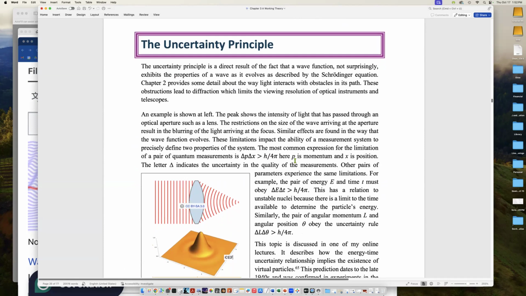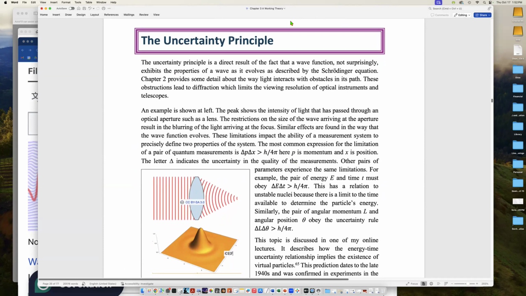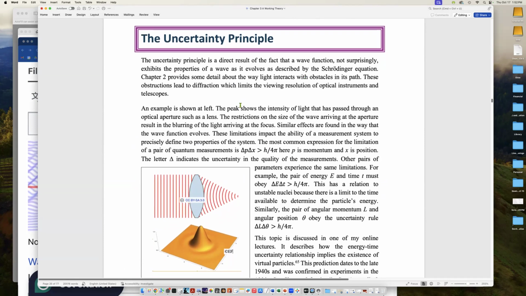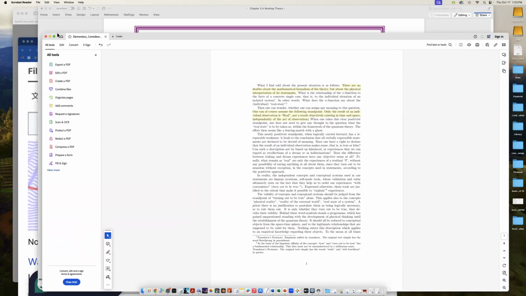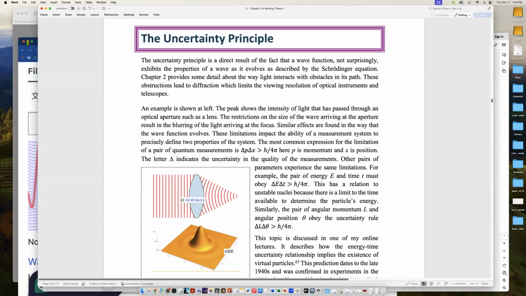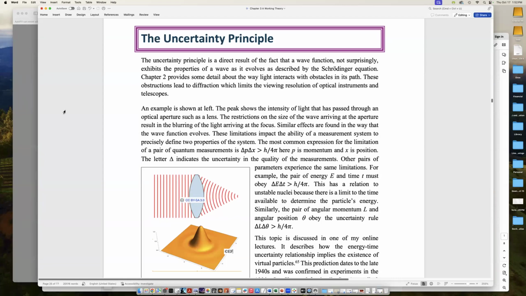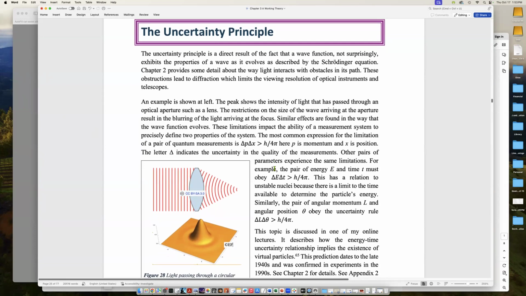Whenever we're doing or talking about these kinds of things, we have to take into account the uncertainty principle, which says that we can measure properties of a quantum object, but not without limit. And this has an interesting parallel to another branch of physics.